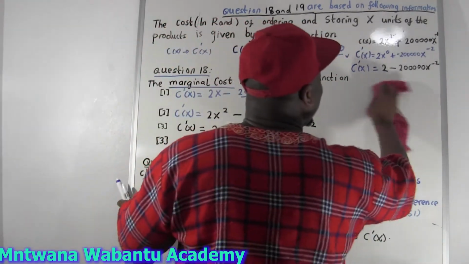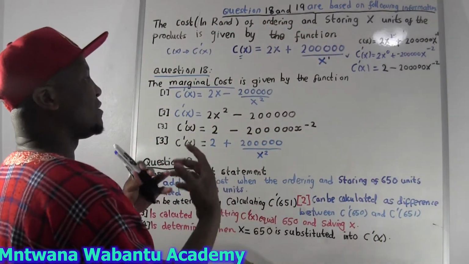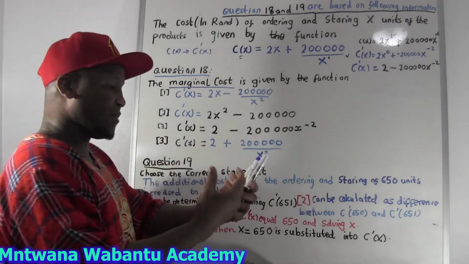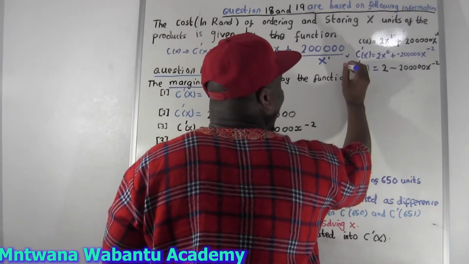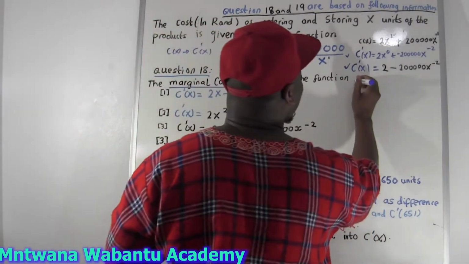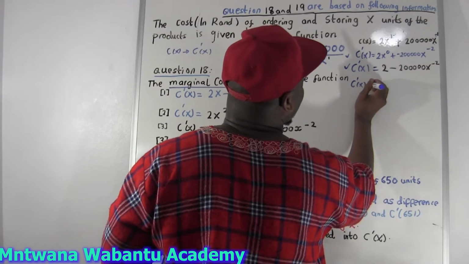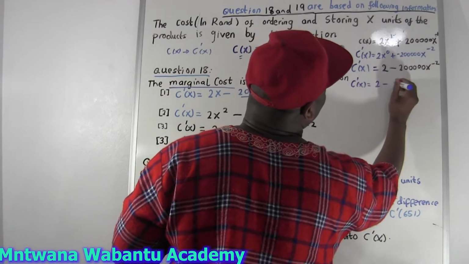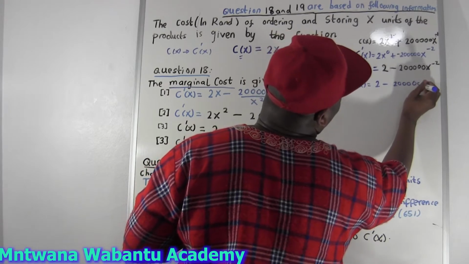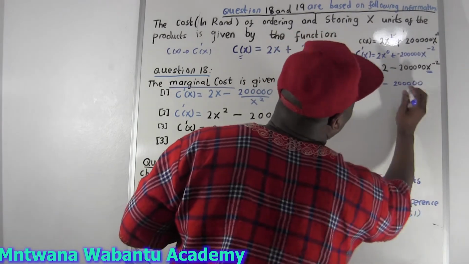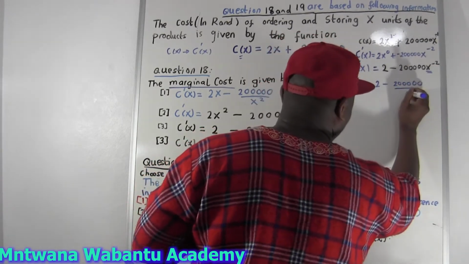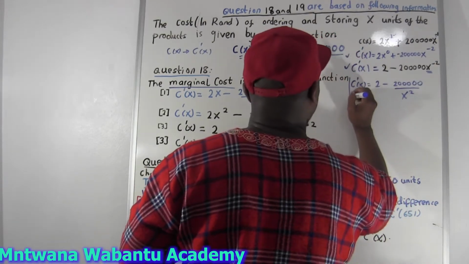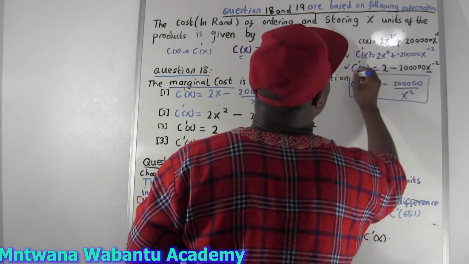So now if you come back to the options, before we simplify further, because we know we got to simplify, but let's simplify further. We know we have already differentiated, but let's simplify further. So marginal cost equals 2 minus 1, 2, 3, 4, 5, and you see this one here is going to go to the bottom. Since this is negative, it's going to become x positive. And this is our most simplified one.